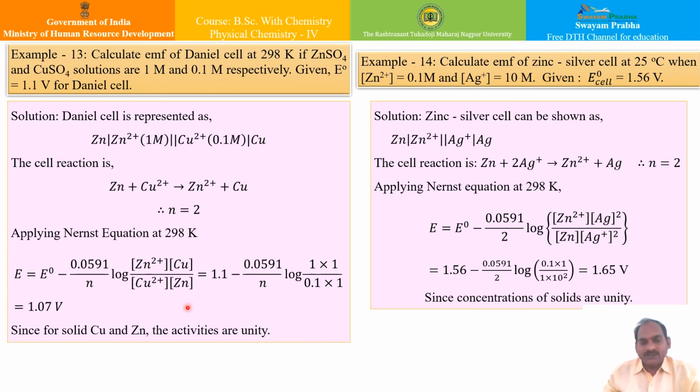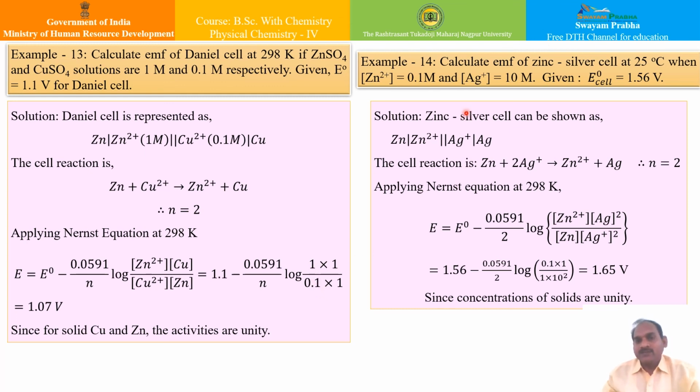For solid copper and solid zinc, the activities are taken as unity, and therefore we have taken 1 over here, which one has to keep in mind. Whereas these two represent their concentration, so zinc concentration and copper concentration is given as 1 and 0.1 respectively.